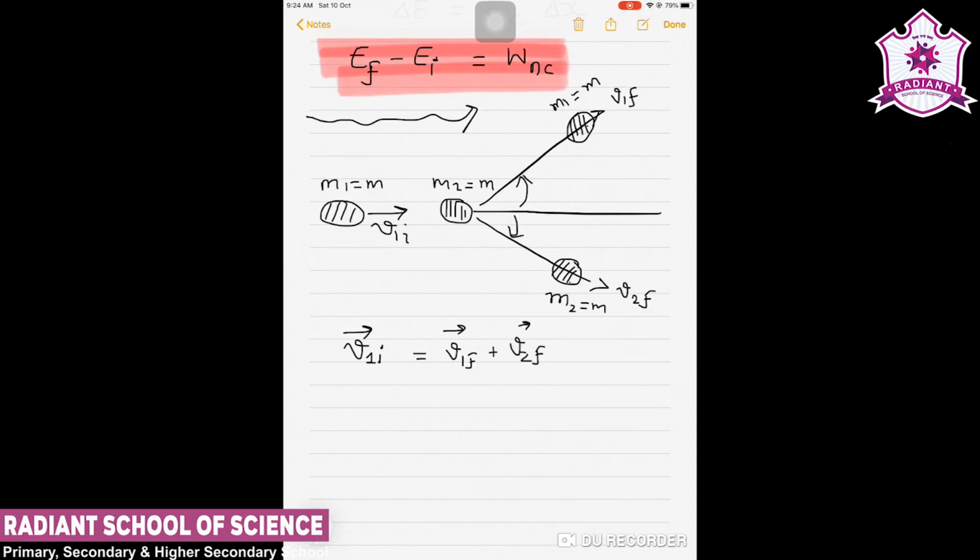Now, using the kinetic energy theorem, if we take the square, V1I square equals, by dot product, V1F plus V2F dot V1F plus V2F. Now we take the dot product of both vector quantities.